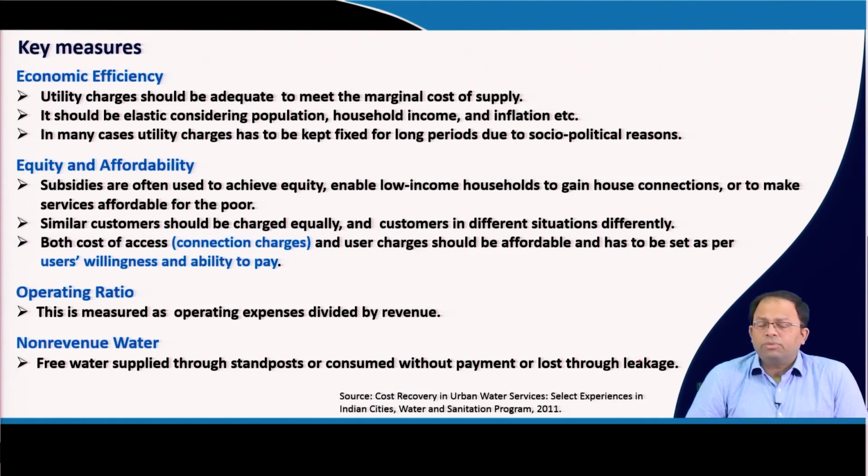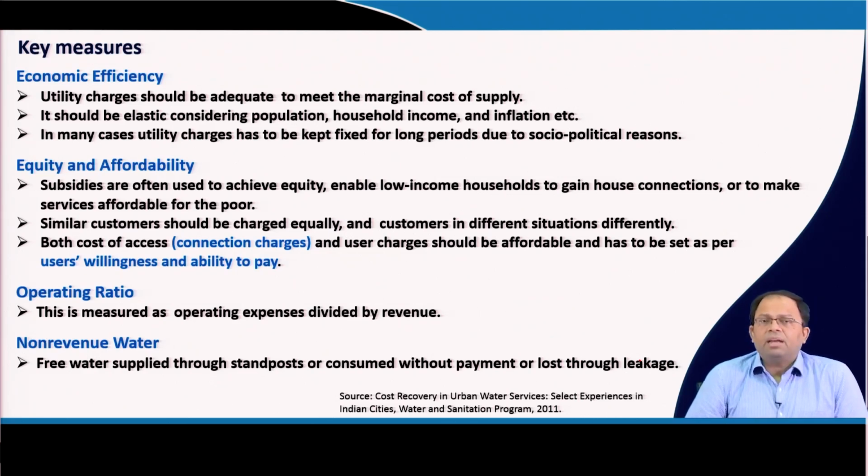So, the charges will vary as per these different situations, in case of different population groups, different income groups, or inflation. In many cases, utility charges have to be kept fixed for long periods due to socio-political reasons in many cities, which is also not ideal, like in Kolkata, where the charges are not there at all. So, these are the different economic efficiency considerations.